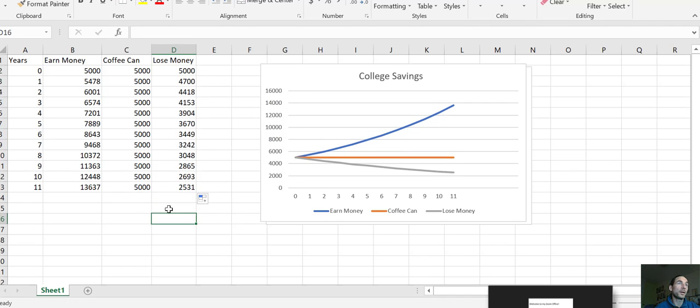So that means by 11 years later, we'll have $2,500 instead of five, right? So you could potentially lose money each year. In a coffee can, you would have the same amount.